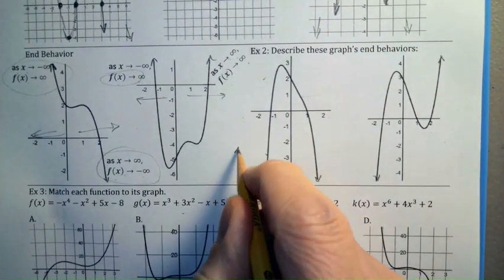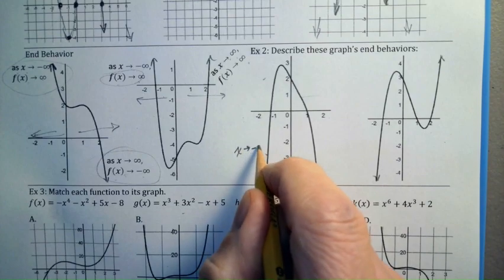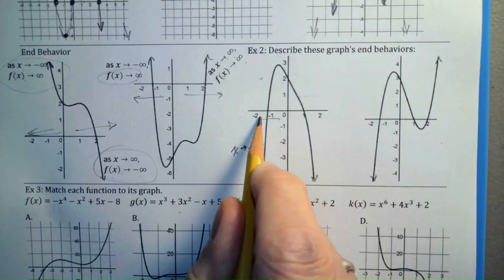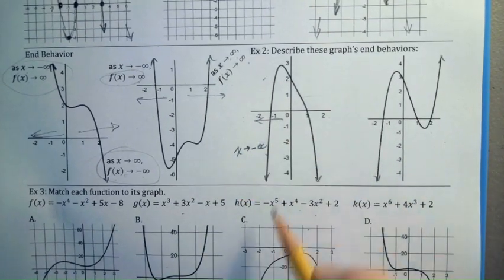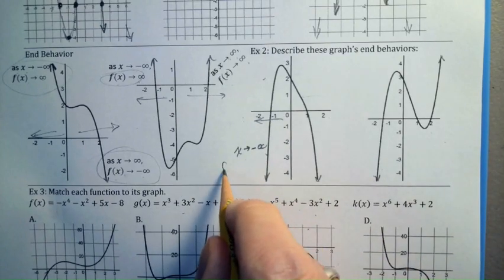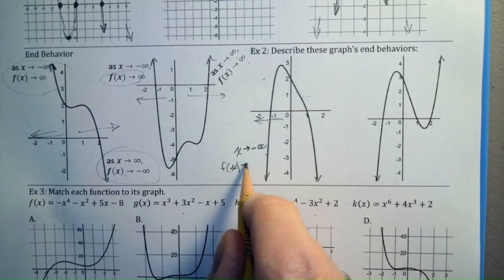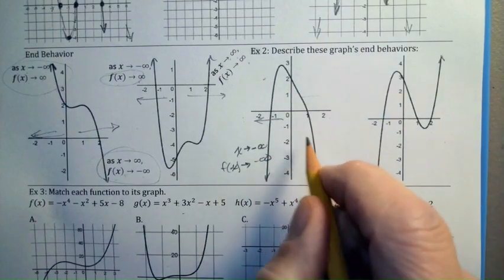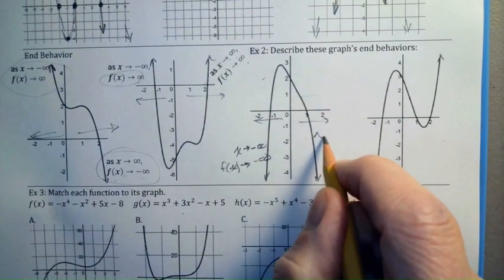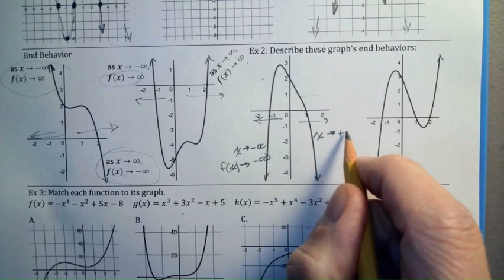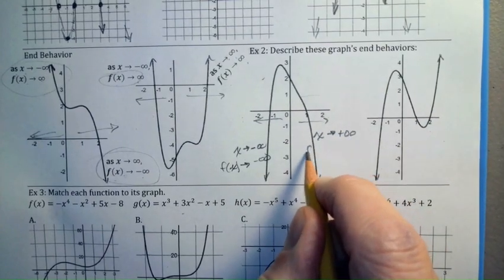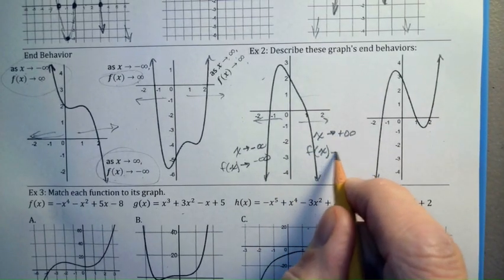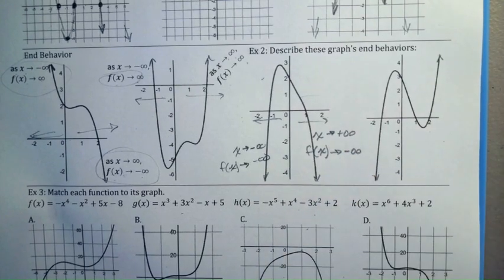As x goes to negative infinity, in that direction, what's happening to the y, or f of x? F of x is going also in the negative direction. It's going down. As x goes to positive infinity, what's happening to f of x? It's going to negative infinity.